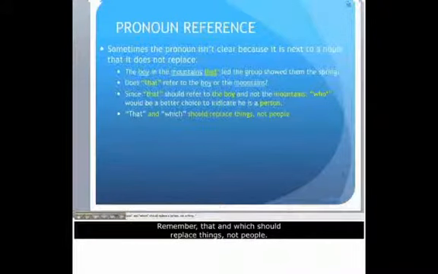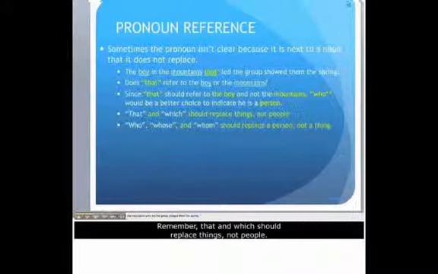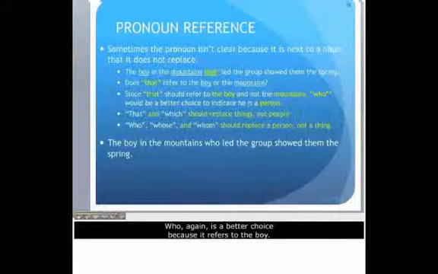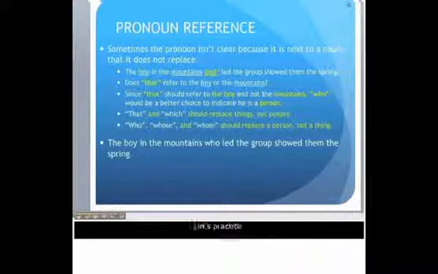Remember, that and which should replace things, not people. Who, whose, and whom should replace a person, not a thing. So therefore we can amend it. The boy in the mountains who led the group showed them the spring. Who, again, is a better choice because it refers to the boy.